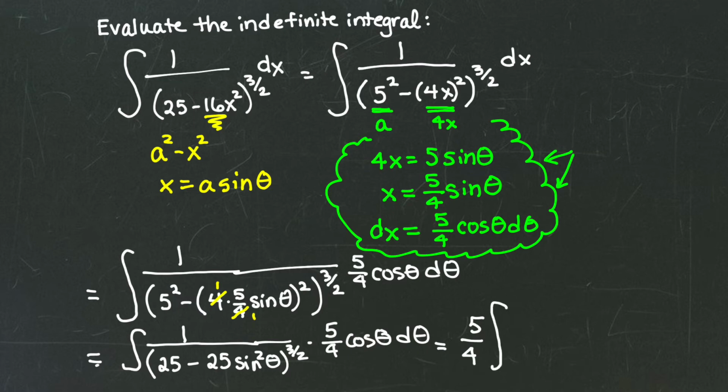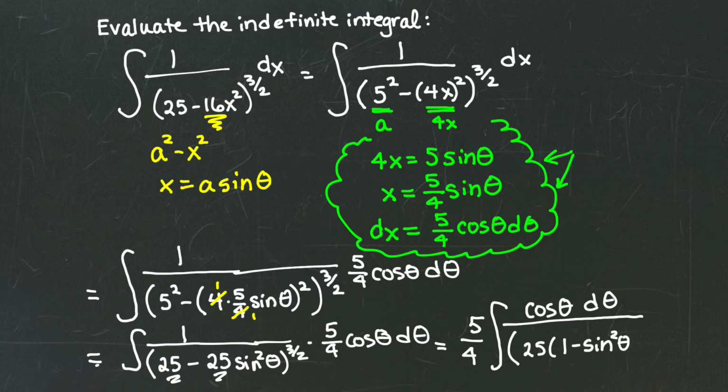I'm going to pull out my 5/4, and I'm going to be left with cosine theta d theta. In the bottom, I'm taking out that common factor of 25. And so I've got a 25 coming out, leaving me with 1 minus sine squared theta, all of that to the 3/2 power.